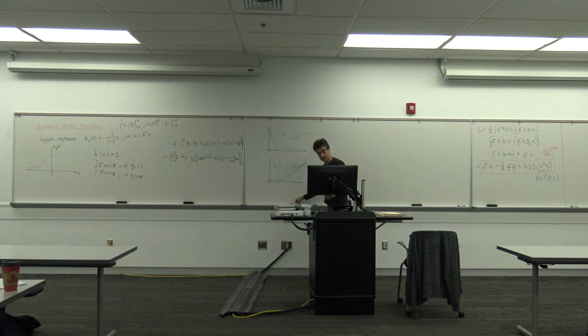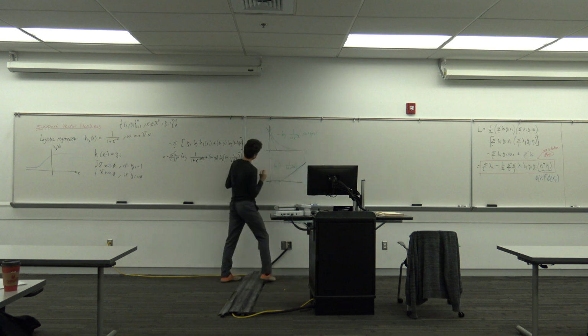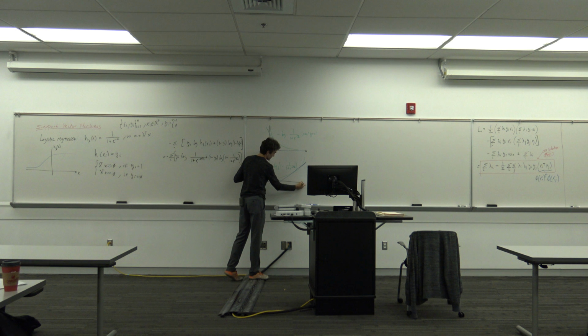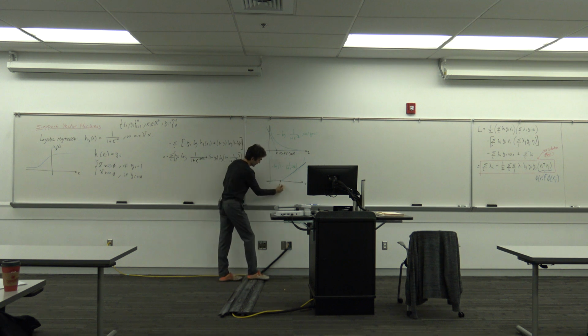Let's see how we can write this down. After some value z, call it z0, this function is going to be 0. And for this one, before that value, this function is also going to be 0.